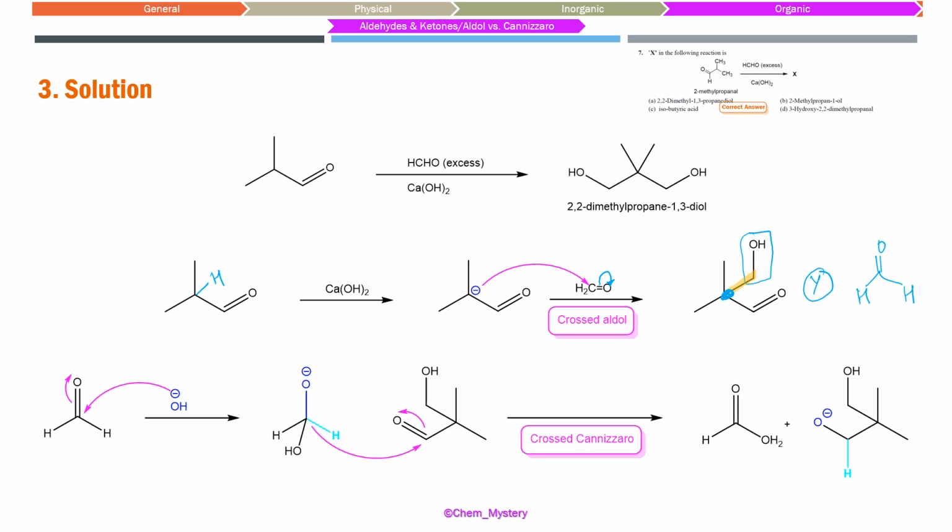Then we'll be getting this intermediate generated, which is going to behave as hydride donor. And we understand when we have got one hydride donor, this is going to lose one H plus. Basically, this is going to transfer one H plus to another aldehyde, and when that is happening, this oxygen lone pair will be coming in. We will be getting this thing converted into OH.